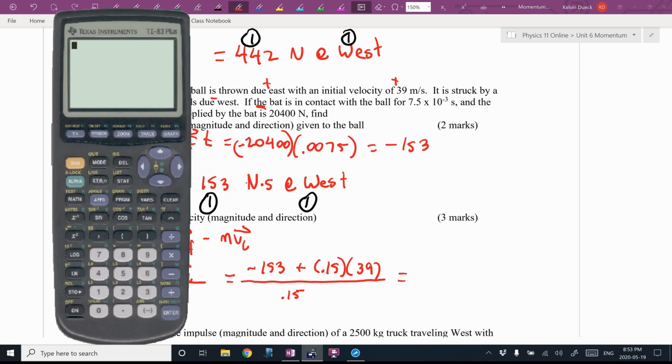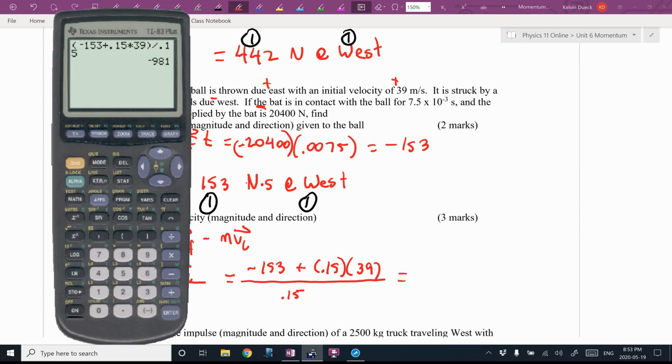So how about I go negative 153 plus 0.15 times 39 divided by 0.15. Because that 1,000 and something answer, that's 3 times the speed of sound. The ball doesn't leave that fast. There'd be a sonic boom every time a baseball player hit the ball. We get negative 981, which really isn't much better.